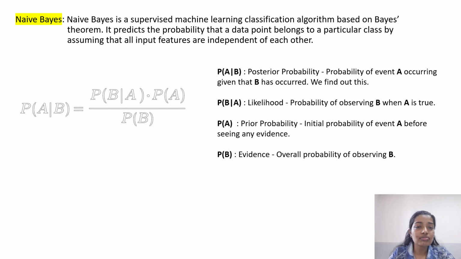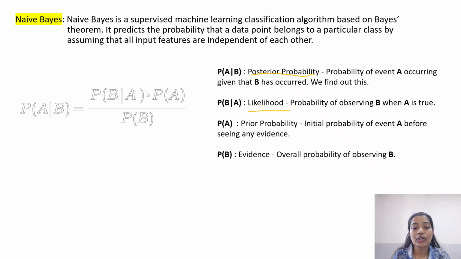Then the next term, probability of A, we call the prior probability. So prior probability is the probability of event A occurring, that is basically probability of A. And then we have probability of B, which we call the evidence. The formula remains exactly the same, only there are some new terms that we are going through here, like the posterior probability and the likelihood.